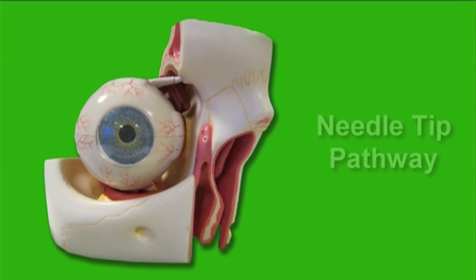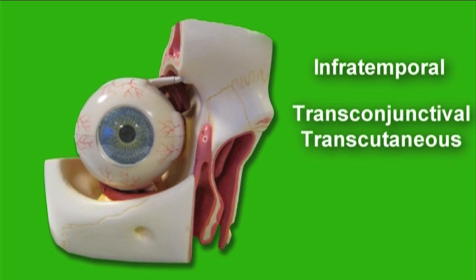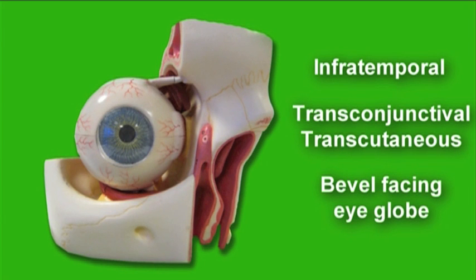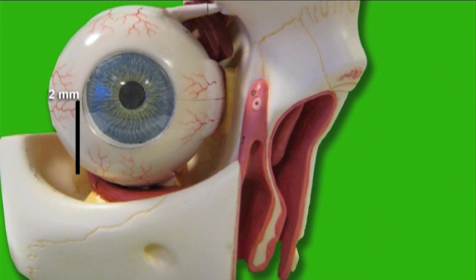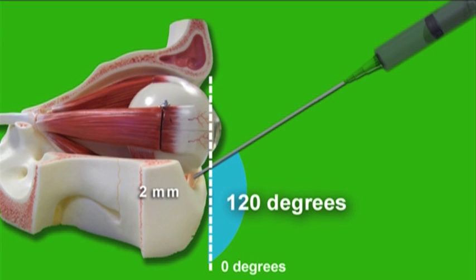With the eye positioned in either a primary gaze position or, as described by Gills and Lloyd in their technique, an upward gaze position, an infratemporal, transconjunctival, or transcutaneous needle insertion is made with a 25-gauge 1-inch needle with its bevel towards the globe, approximately 2 millimeters lateral to the lateral limbic margin and approximately 2 millimeters inferior to the globe. The needle tip is directed at a 120-degree angle towards the orbital floor and inserted through the conjunctiva or skin approximately 2 millimeters.